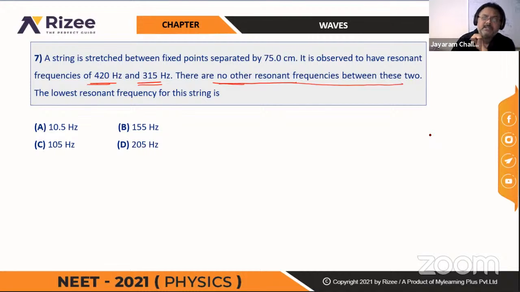In the sense, it is also like a resonance column apparatus. Suppose this is a tube: your first resonance occurs at some point like this, an antinode, and this is your second resonance.